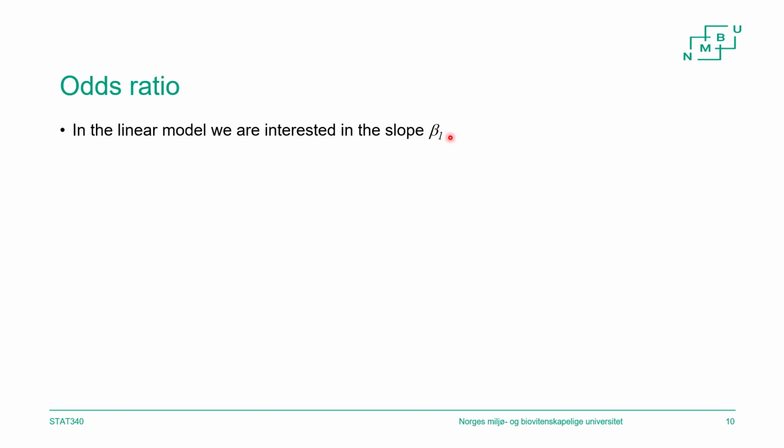That indicates the effect of the predictor variable on the response. A slope means when you increase the corresponding x value by 1 unit, how much do you rise or fall in response? That's what the slope tells you.